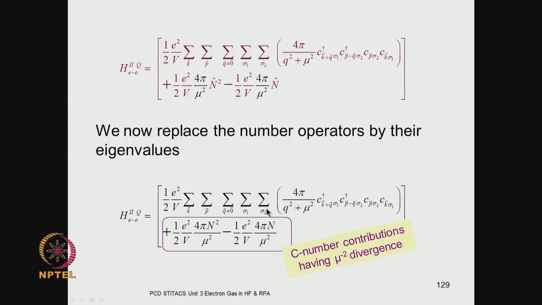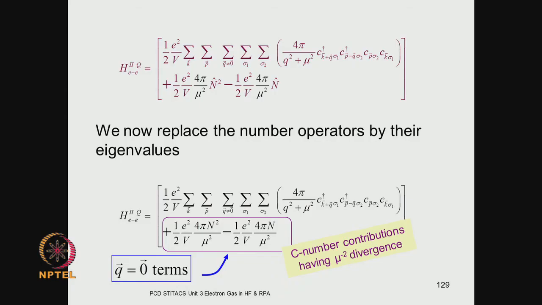So, this is just like a numerical contribution, but both of these terms have got the 1 over mu square divergence. And this is what we had anticipated, that some part of the electron-electron term may have 1 over mu square divergence, and it could cancel the divergence which was coming from the background Hamiltonian and from the electron background Hamiltonian. So, they were right.